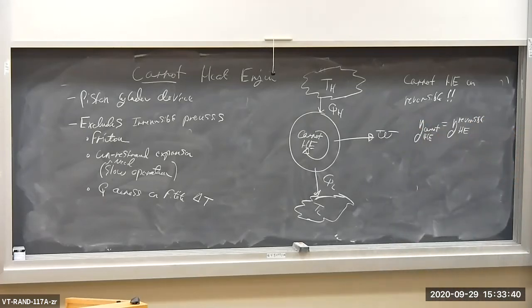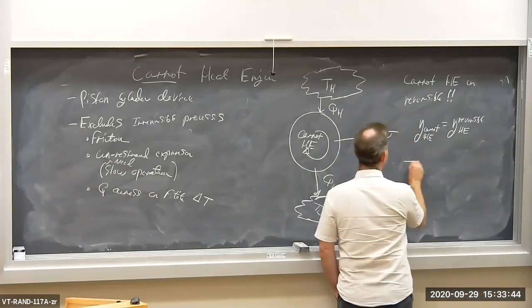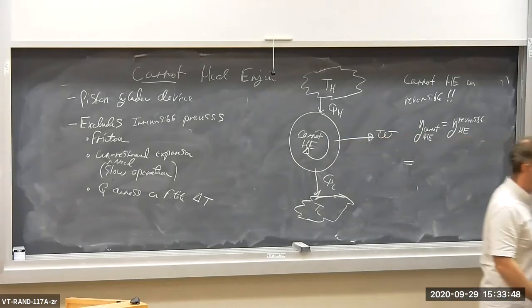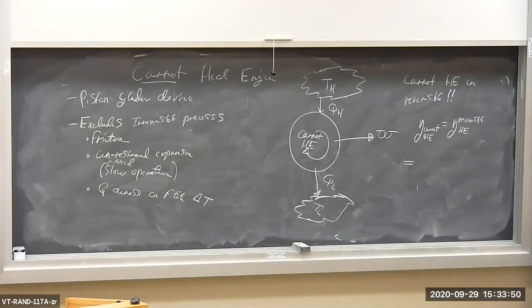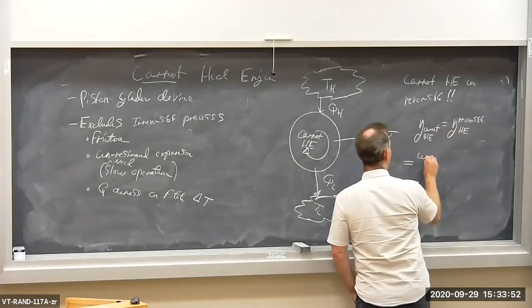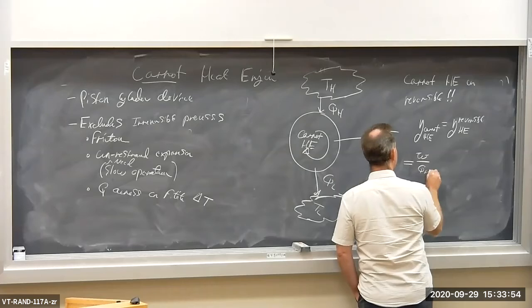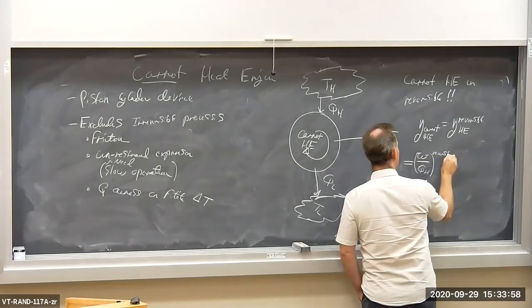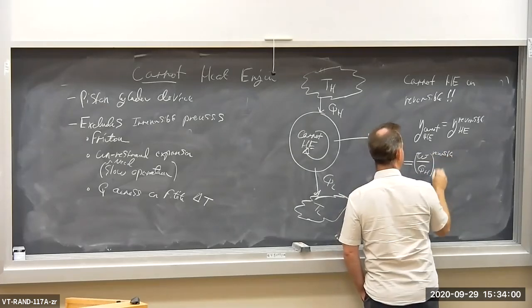Now, what's the expression for the efficiency of a reversible heat engine? We developed this last time. So the efficiency is work over the cycle divided by the heat addition. So work over QH, and that's for the reversible heat engine.